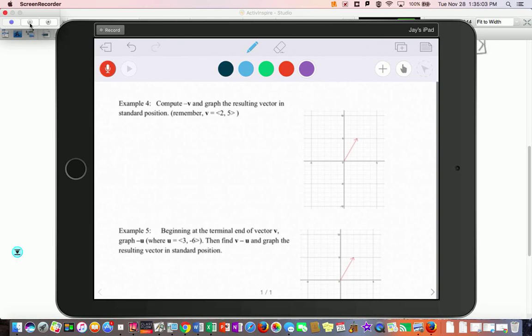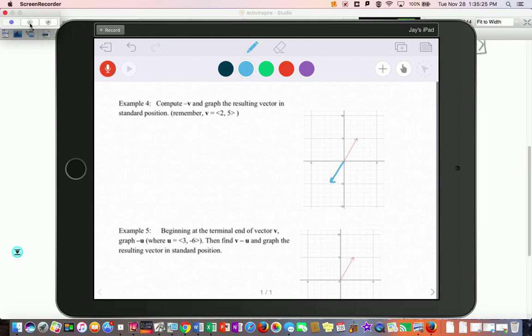So number 4, compute negative v and then graph the result. If v goes up and to the right, negative v would go down and to the left.